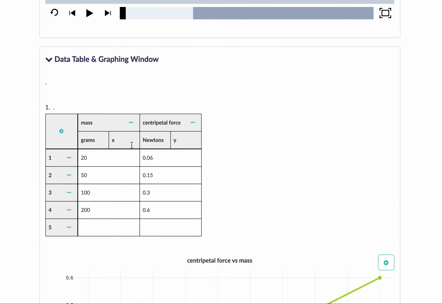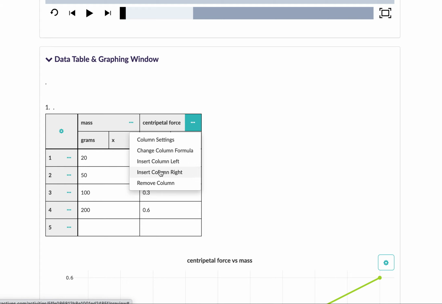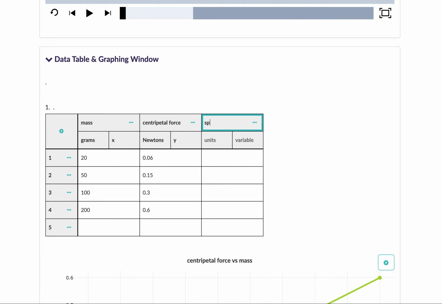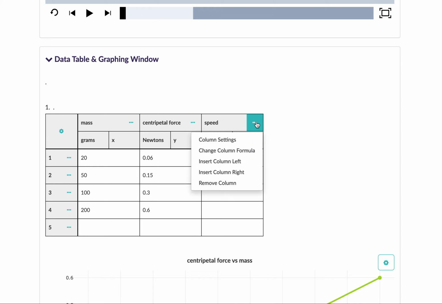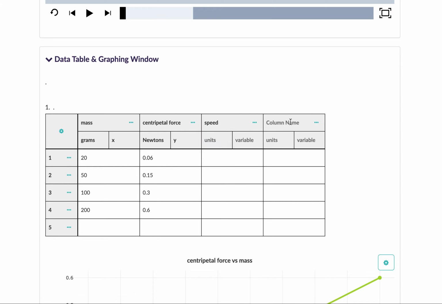So you can then change this to speed, or if you don't want to lose that data, you can just add a new column, call it speed, and then add a new column to the right of that and call this centripetal force, maybe like number 2, meaning for the second experiment, where this would be number 1. So you don't get those confused.